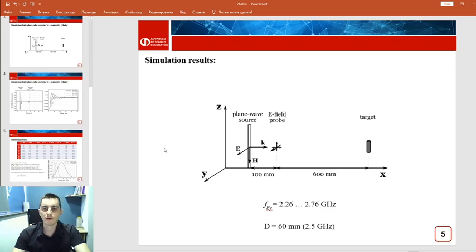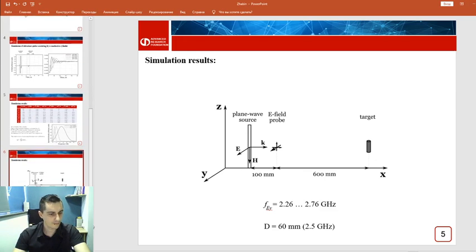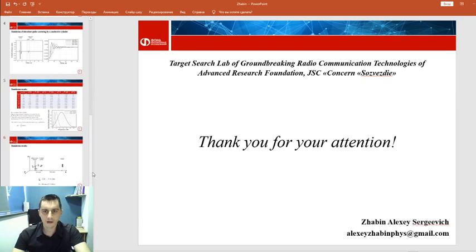Resonant frequencies calculated for all cylinder heights were in the range from 2.26 to 2.76 gigahertz, which corresponds to the cylinder diameter of 60 millimeters. So the size of the target was calculated using its resonant frequencies within the matrix pencil method.